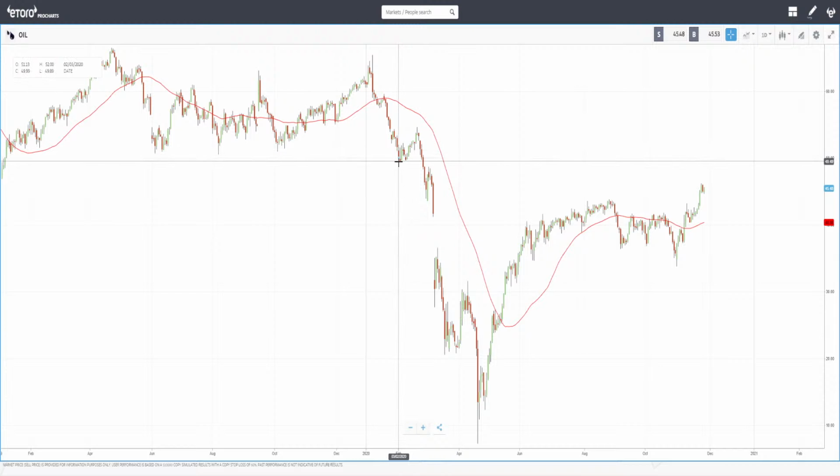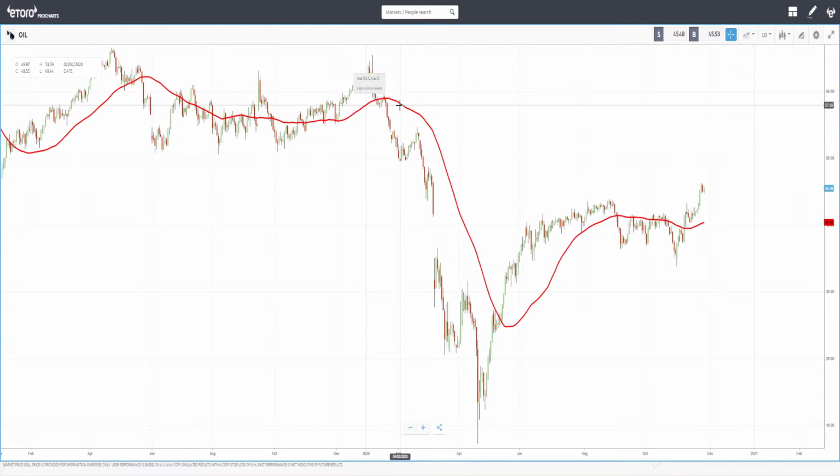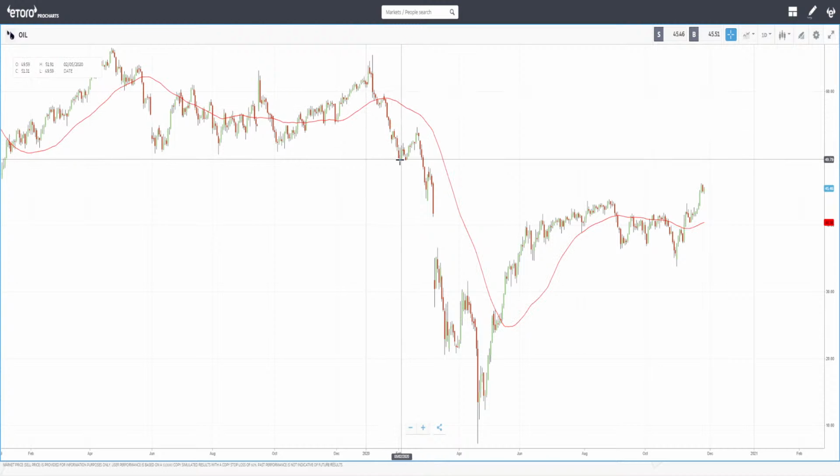For example, right here, the distance between this candlestick and the 50 moving average is quite substantial, and that is an indication that prices are fairly oversold, or this instrument is fairly oversold and it is very cheap. And then you will basically see buyers come in, buy it up because it is cheap. That's what we do. Until we get close to the 50 moving average, and then they start selling again.